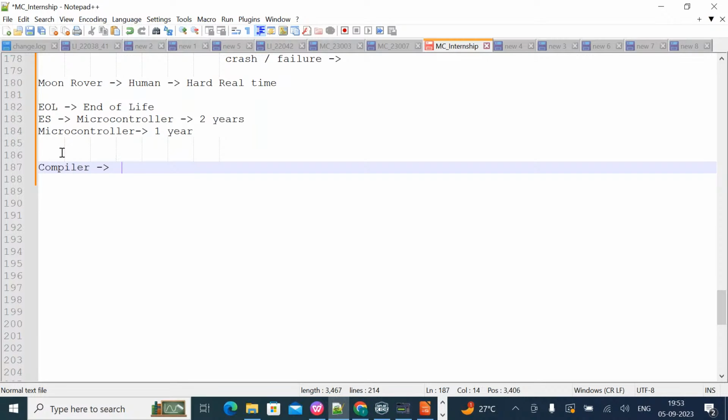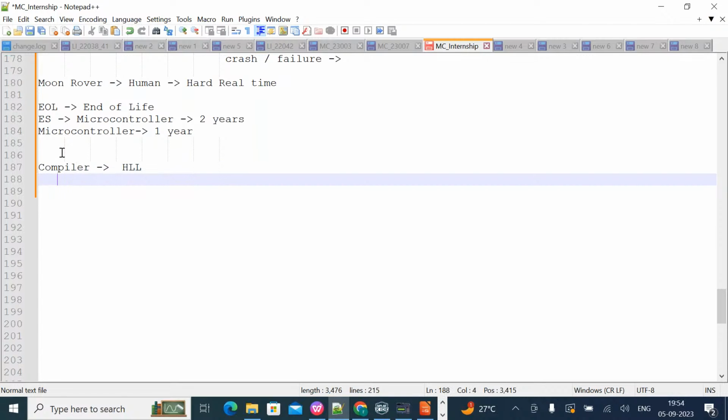See here, usually what happens, we are writing the programs in some higher level language like C, Java, right? In higher level language we wrote the program. Does your computer understand that language? No. Computer understands the language of zeros and ones, binary, right? Machine level language.